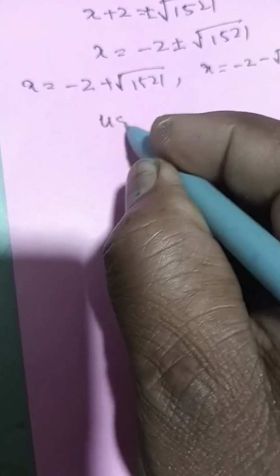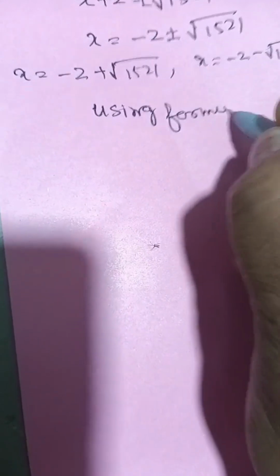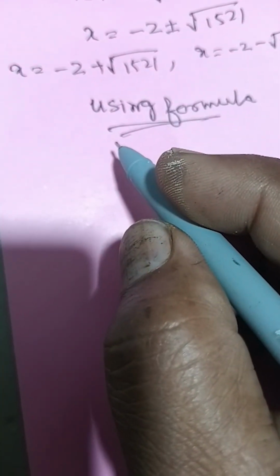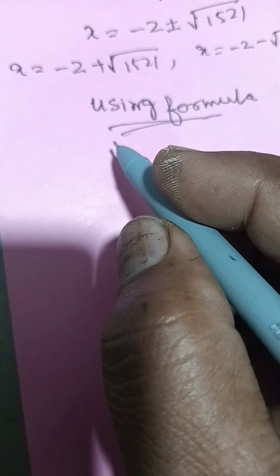Now another method, how you can solve the quadratic equation using formula. You see, the method name is using formula. Suppose one question is 14x square plus 3x minus 11 equal to 0.